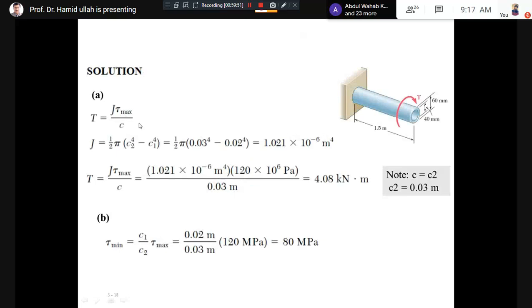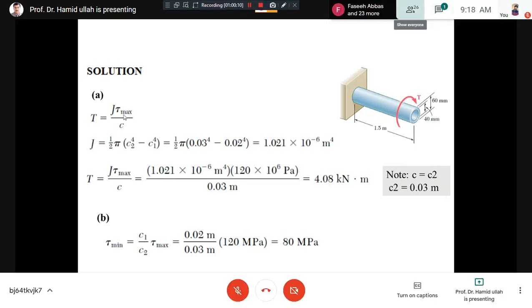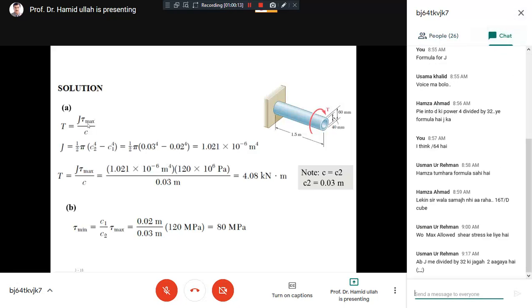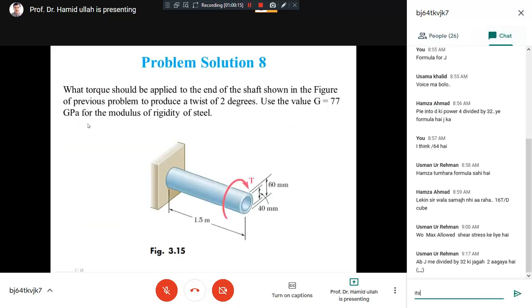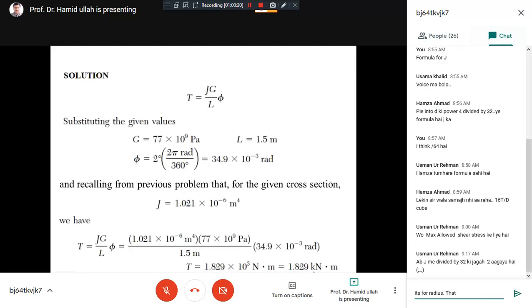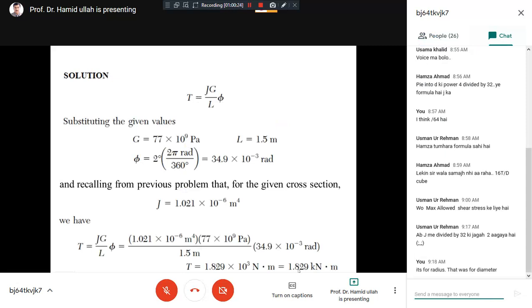If I combine the two questions into one and ask you to select or find out the safe or maximum value of torque which this shaft can transmit, then for sure, the other is also a torque, but based on angle of twist. When you compare the values, this value is less than the previous one. So for sure, you will say this is the torque value to design the shaft.